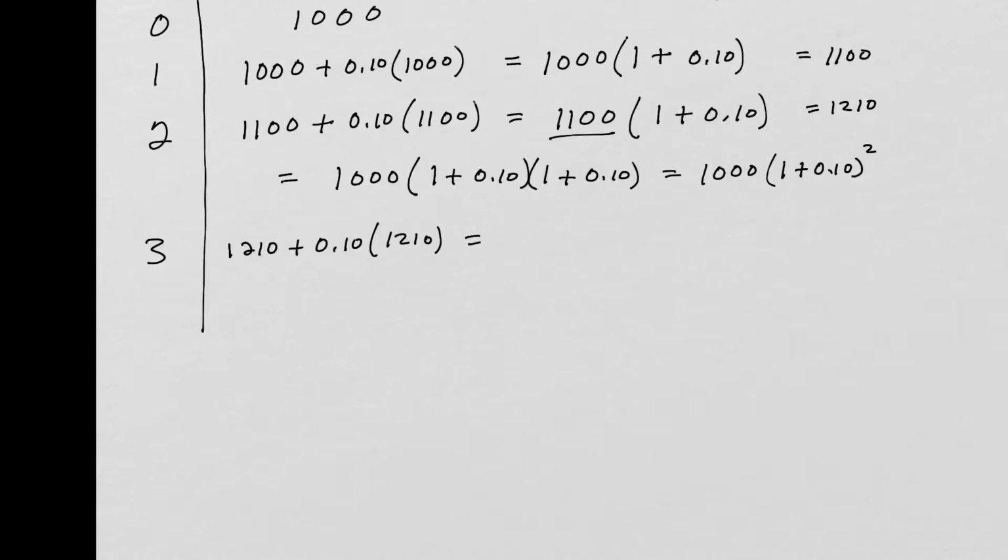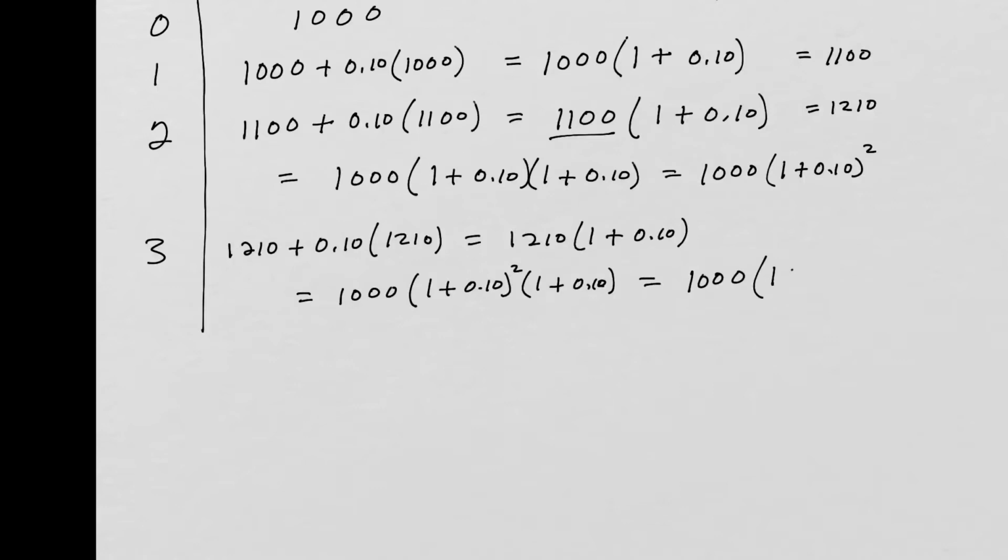But again, you could argue, oh, I'll factor out the 1210, and I'm left with 1210 times 1 plus 0.10. But the 1210 itself is equal to 1,000 times 1 plus 0.10 squared, and I'm multiplying by another 1 plus 0.10. So this is going to be 1,000 times 1 plus 0.1 cubed.